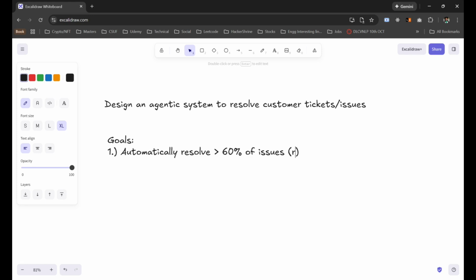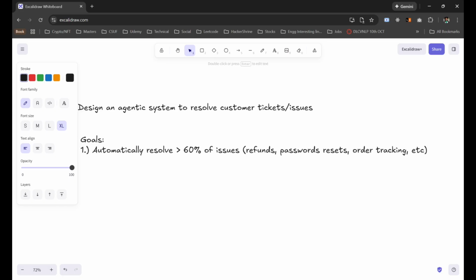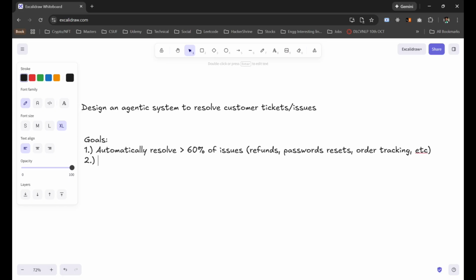Examples would be refunds, password reset, maybe order tracking. Stuff like this could be resolved directly by an AI agent.